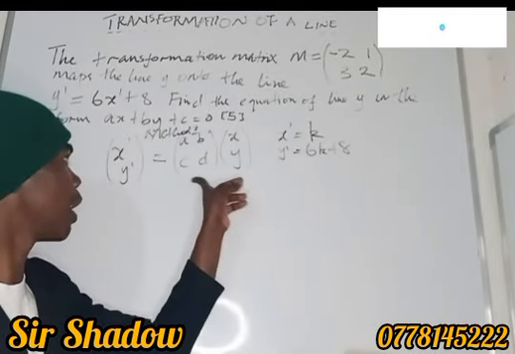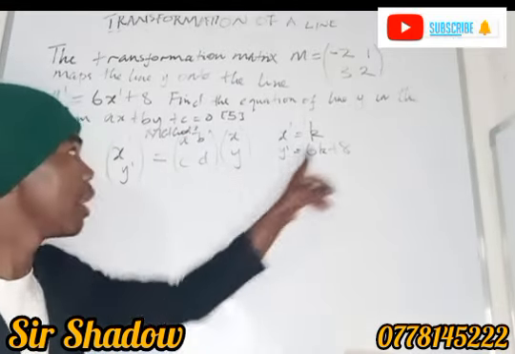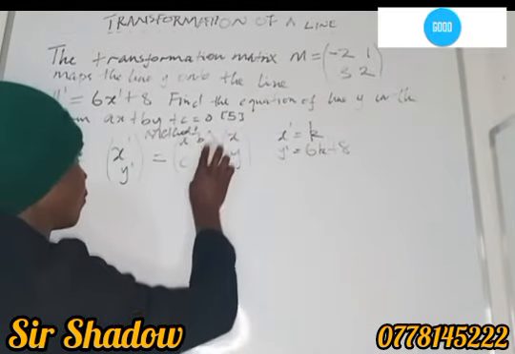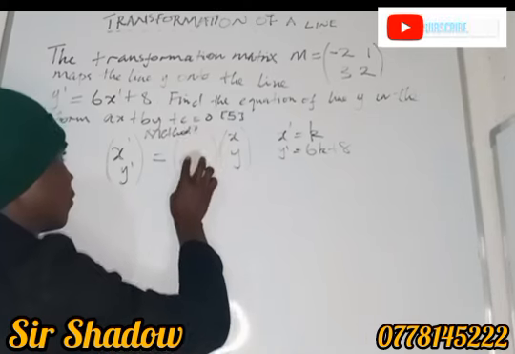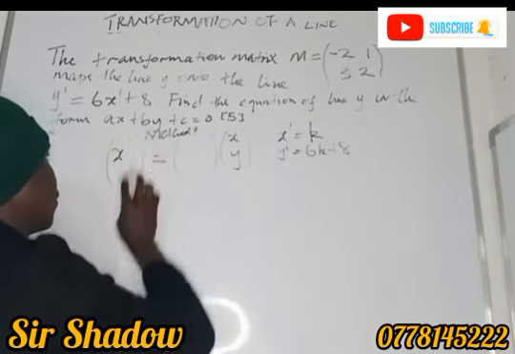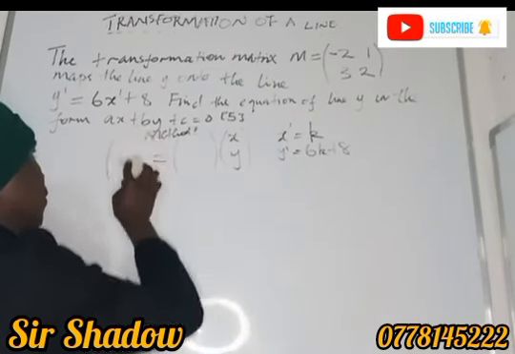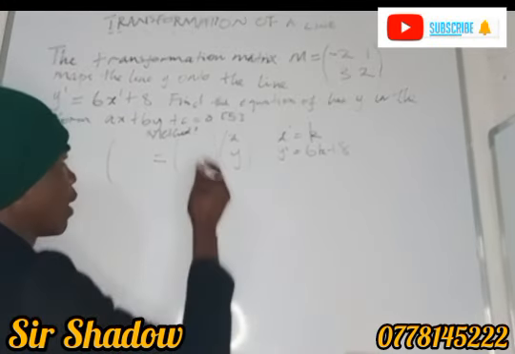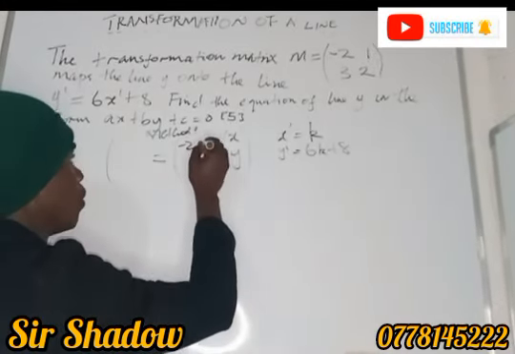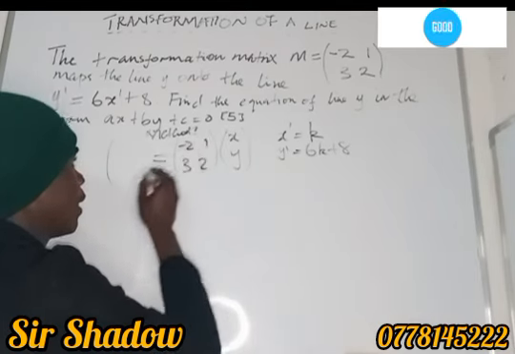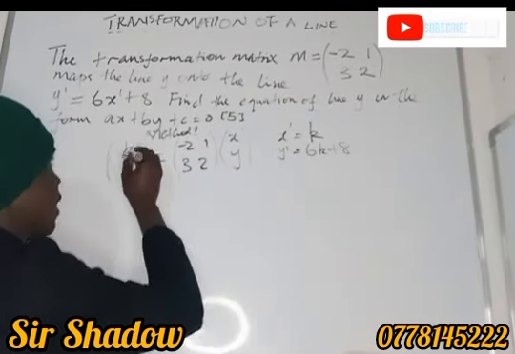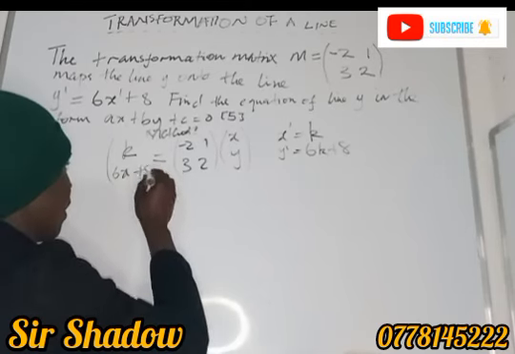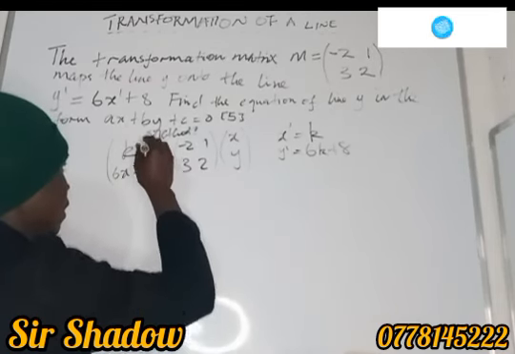And also let's substitute a b c d by this matrix M. Let's do it now. This one is minus 2, 1, 3, and 2. Then this one is now k, 6k plus 8.